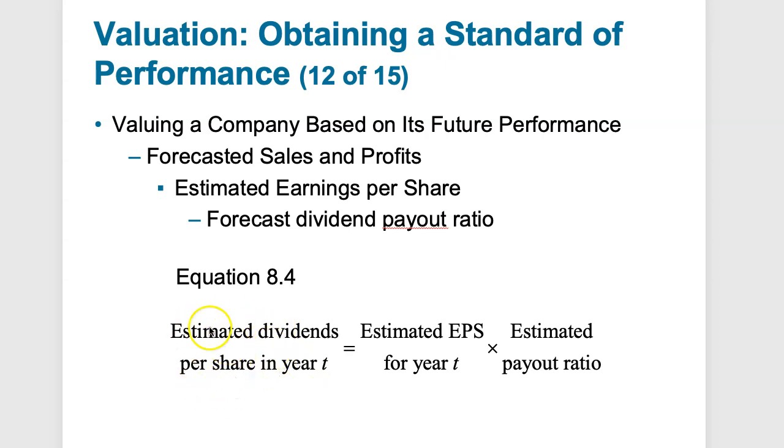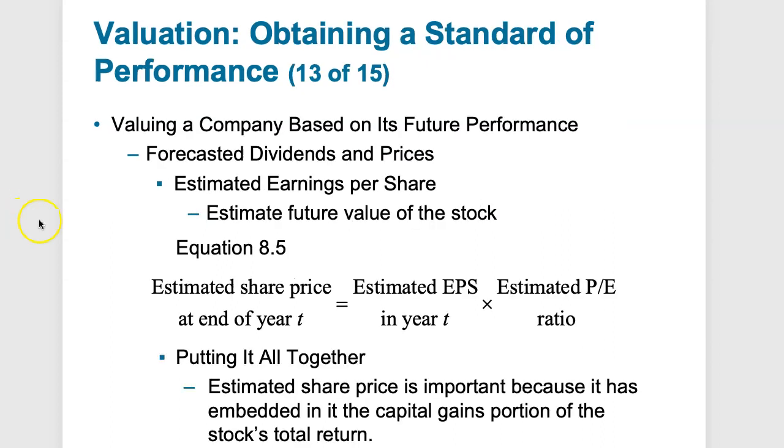This is important because it is a cash flow, so we're basically forecasting a cash flow element of the stock. If we go to equation 8.5, here we're going to estimate earnings per share and use that to help estimate the future value of the stock.